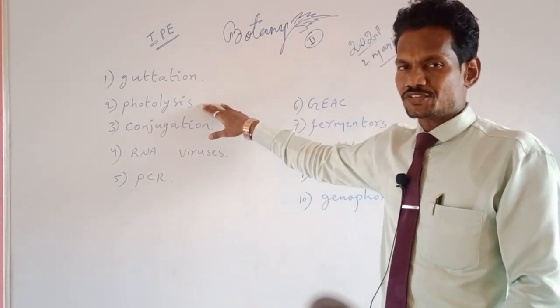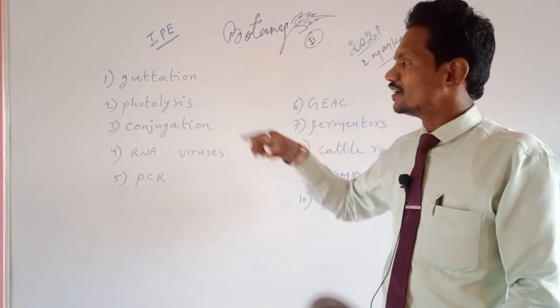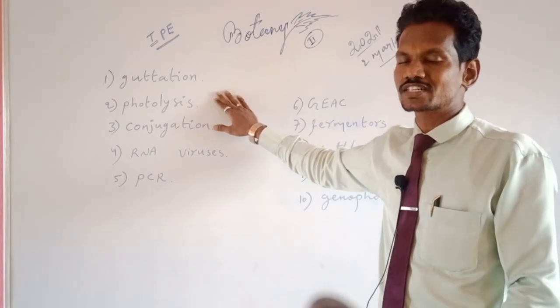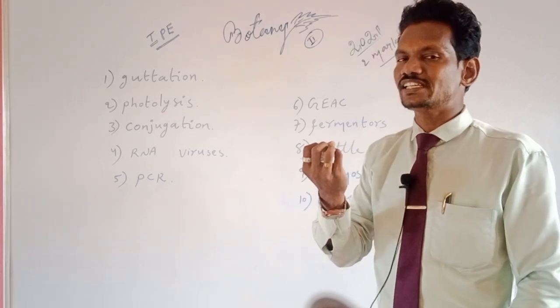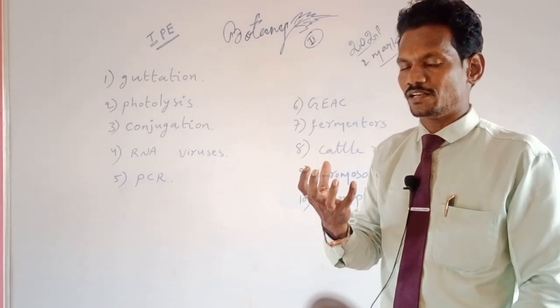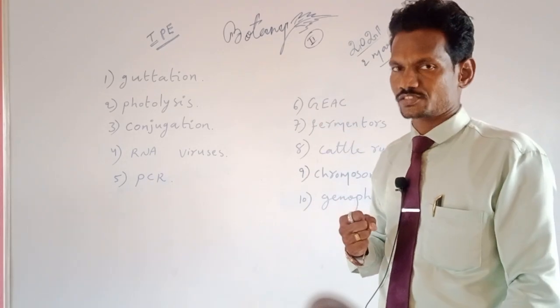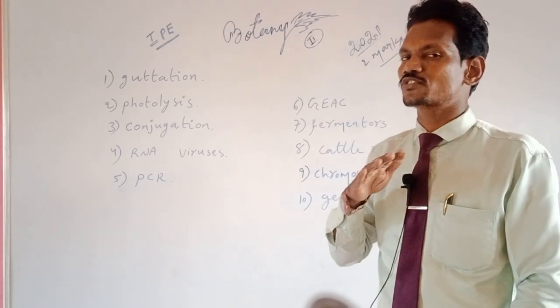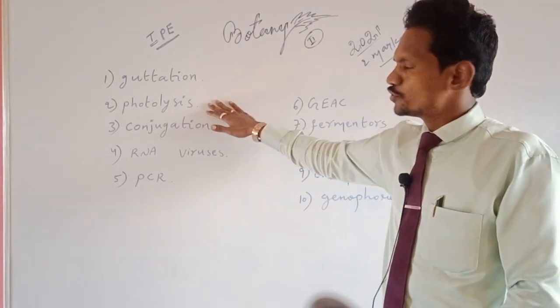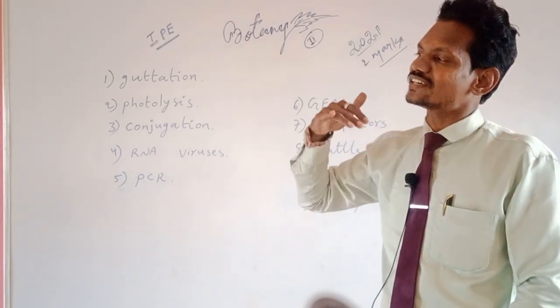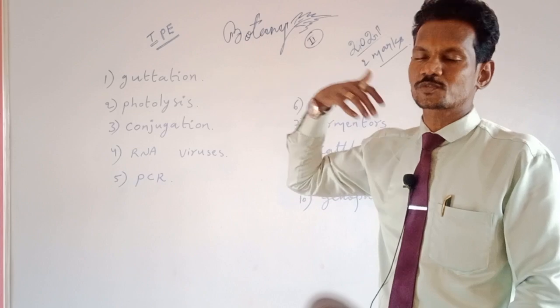In the chloroplast, on the grana, photolysis of water takes place. Here water molecules are split with the help of photons. That is known as photolysis of water. During this process, oxygen is evolved into the atmosphere.